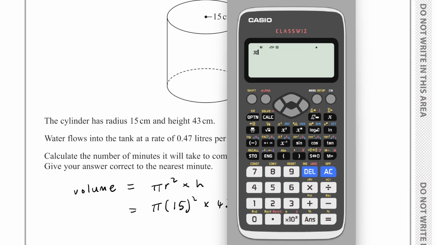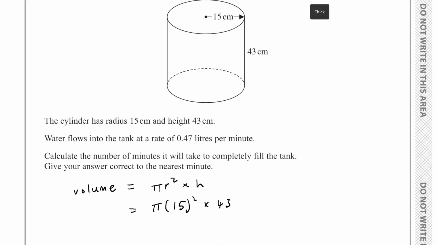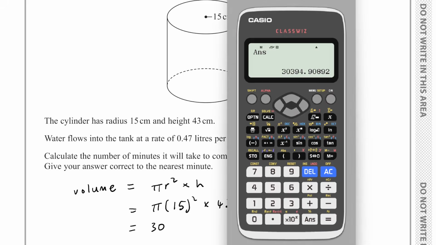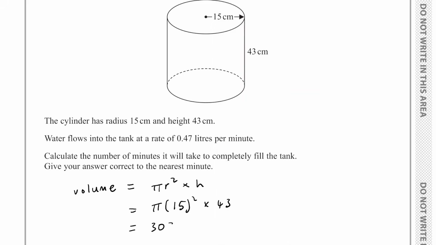So pi times 15 squared times 43. And that is 30,395 centimeters cubed. We need to change that into litres.